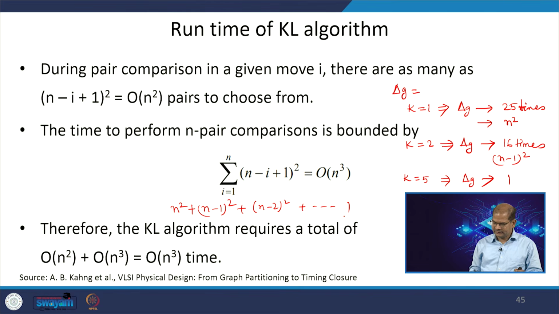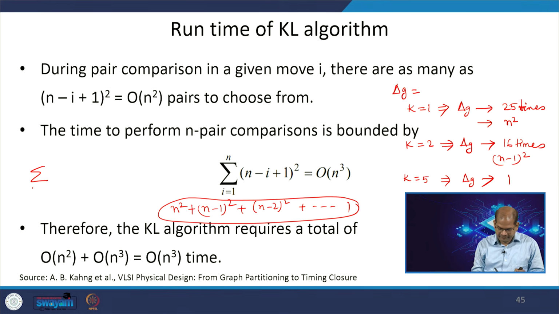We can represent this as a series, summation i equal to 1 to n of n minus i plus 1 whole square. Because one square is already there, and there is another loop, it is order of n cube.